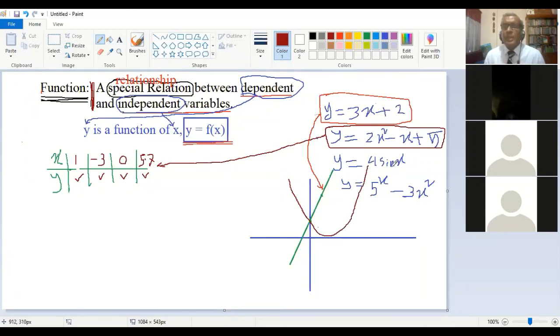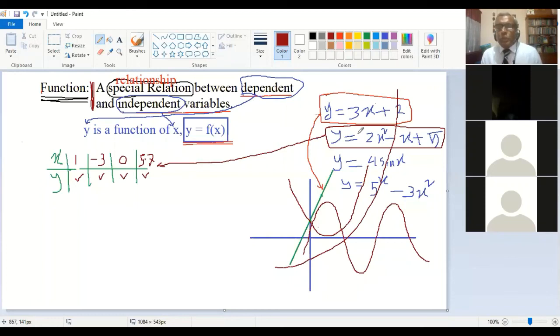It is not a straight line. The sin x will be something like this, the third one. And the last one will be something like this. So all these are different shapes, but not a straight line. A straight line will be only x to the power 1. Is that okay? Yes sir.